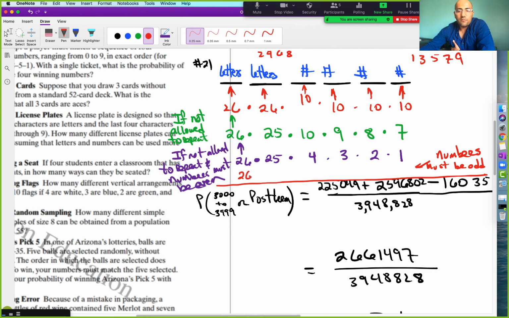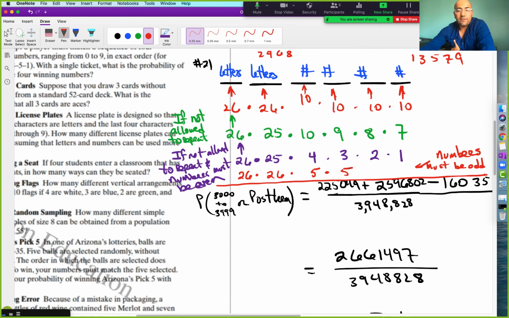So the first space must be a letter. That's 26 options, but you're allowed to repeat. So now there's 26 options for that second space. Good. Now, odds. So there are 5 ways that we can choose that first odd number. Good. And then since we're allowed to repeat, we can use the same odd number again.